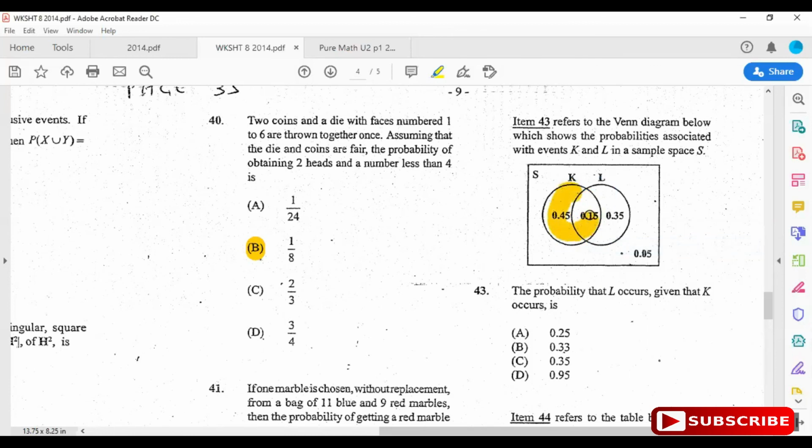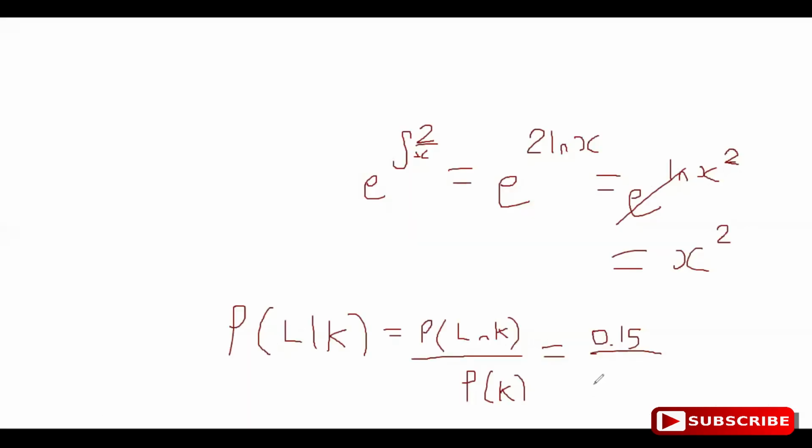All of this is K. This entire circle is K. So the probability of K occurring is 0.6. So it is 0.15 over 0.6, which is a quarter. That's the probability of L given K. Easy, soft.